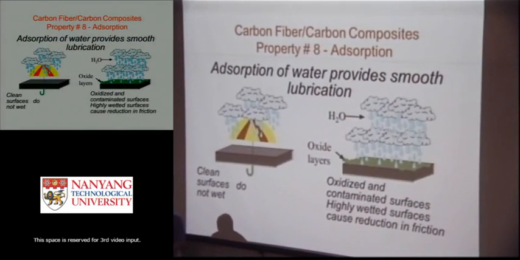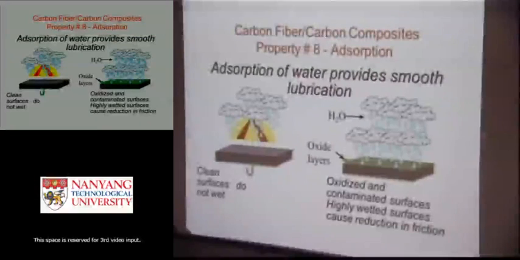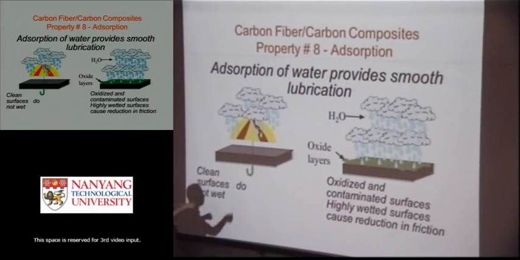Another thing, as I mentioned before: on a clean surface, water does not easily stick on the carbon surface. Why? Because the carbon surface has a lot of benzene rings. Benzene rings are organic species and hydrophobic. So if water falls on the graphene surface, it does not stay.